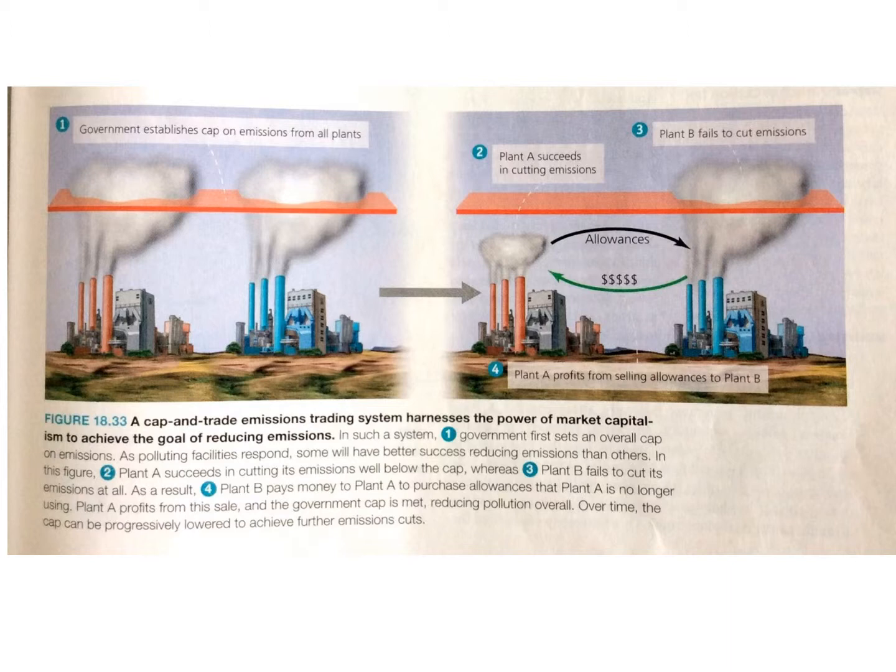Plant B fails to cut emissions, so plant B is going to buy permits, those allowances, from plant A. A will make some money off of this, so that motivates them to do this. And plant B is then under their total because they've bought some of these extra permits.